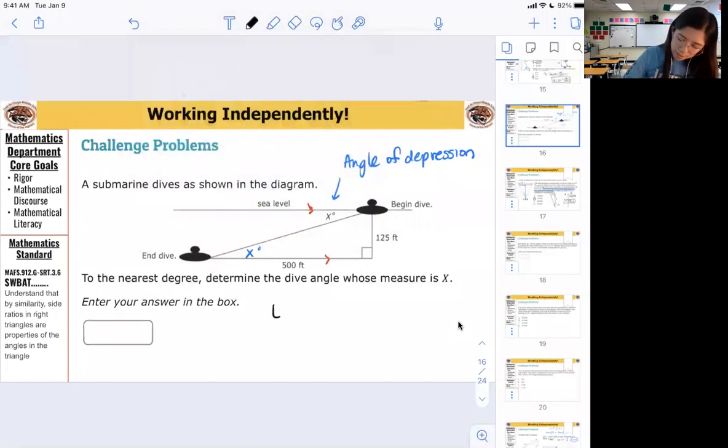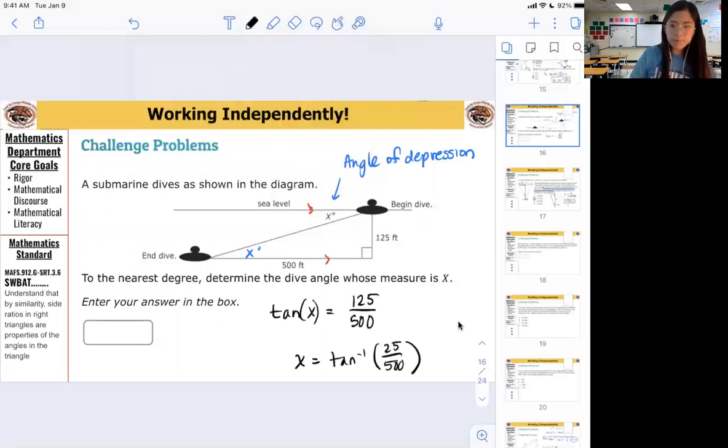So that would be the tangent of x is 125/500. So we take the inverse tangent of 125/500. So let me see what I get. 125/500, inverse tangent. Oh, 125.